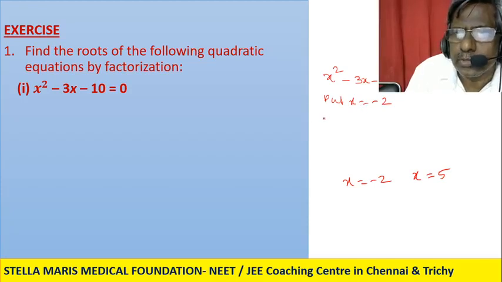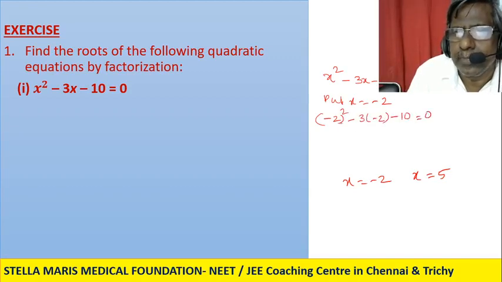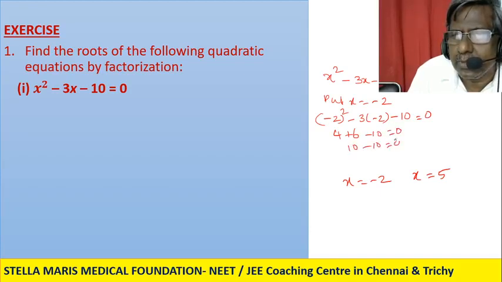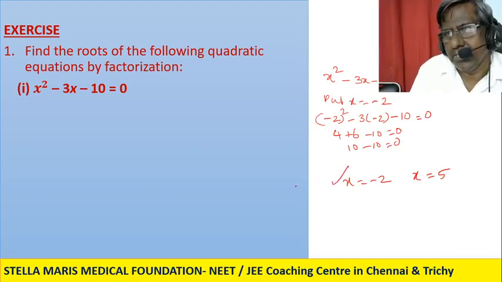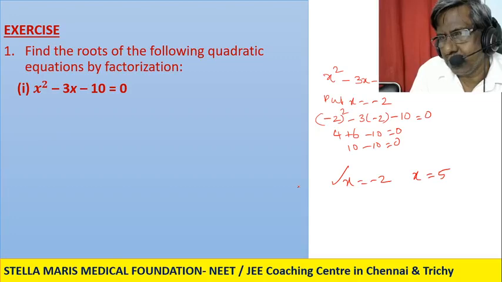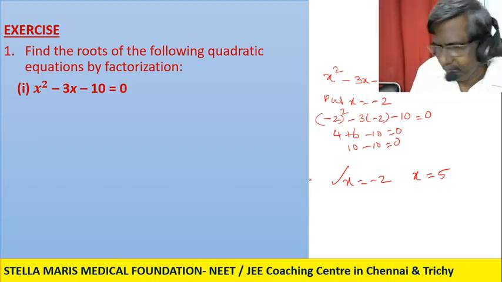The equation becomes minus 2 whole square minus 3 into minus 2 minus 10 is equal to 0. Minus 2 whole square is 4. Minus 3 into minus 2 is plus 6. Minus 10 is equal to 0. So 10 minus 10 is equal to 0. That means this satisfies the equation. If you substitute x is equal to minus 2 in the quadratic equation, we get 0. So the answer is right.